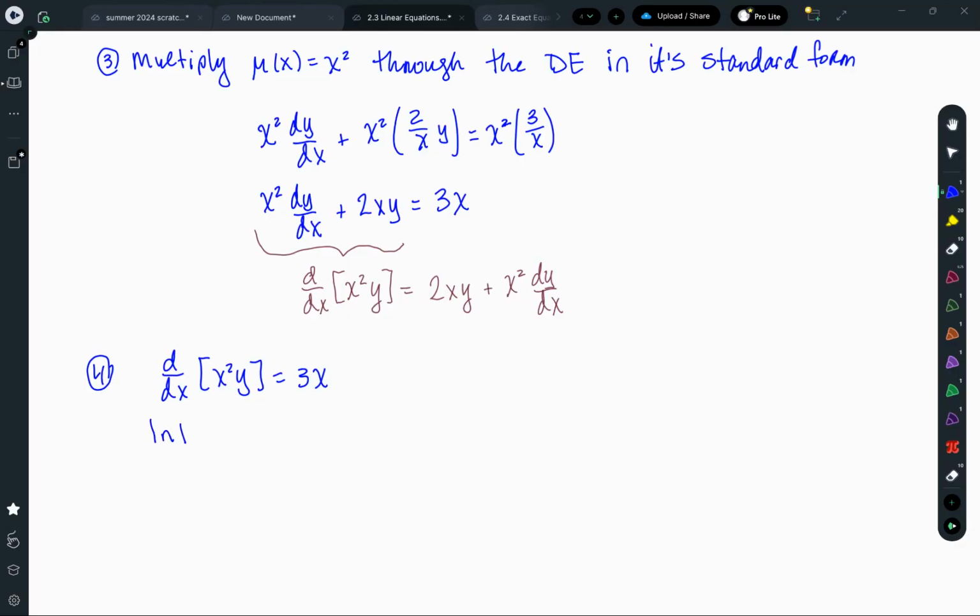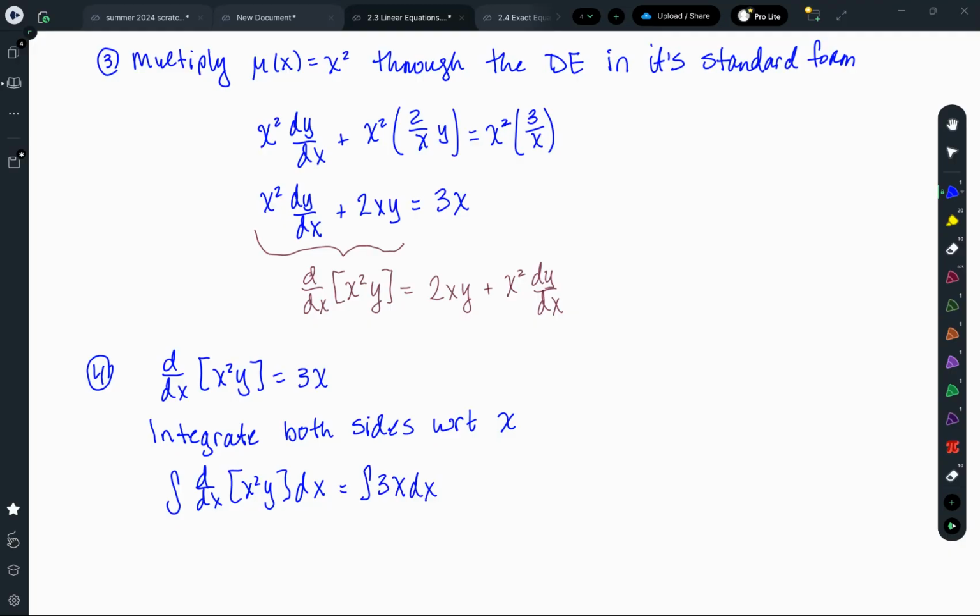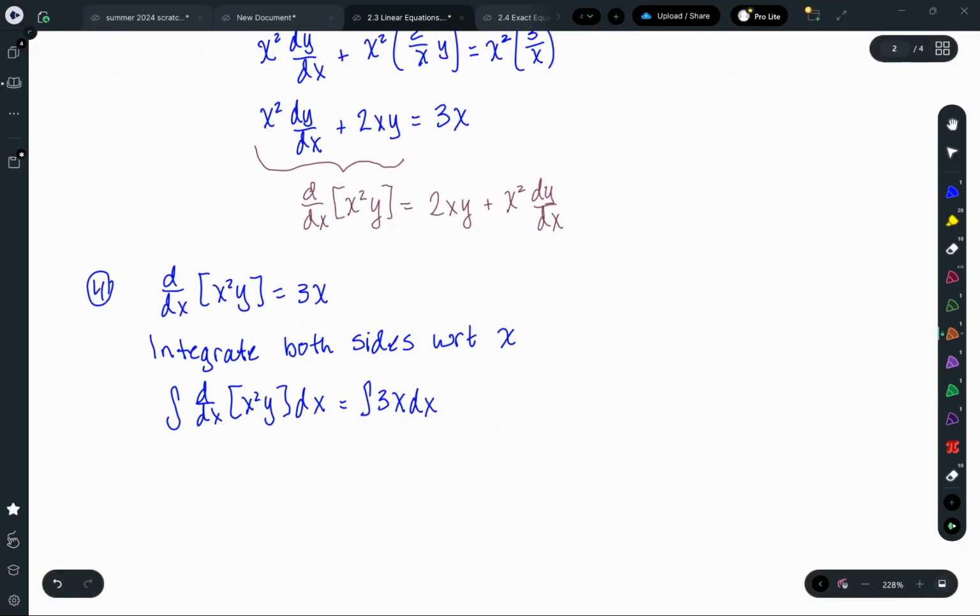So we will integrate both sides with respect to x. Okay, so it's the integral of d dx of x squared y dx is equal to the integral of 3x dx. Okay, on the left-hand side, the integral of d dx with respect to x, this is the fundamental theorem of calculus.